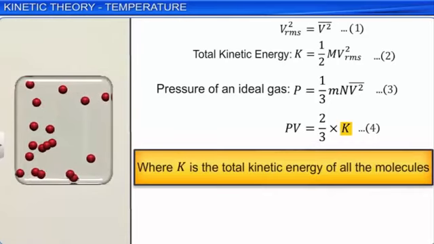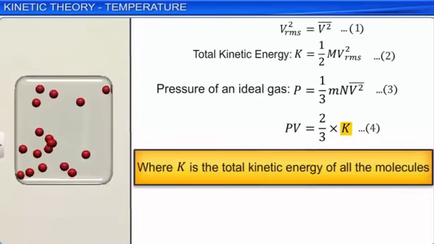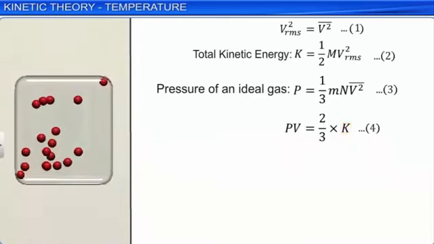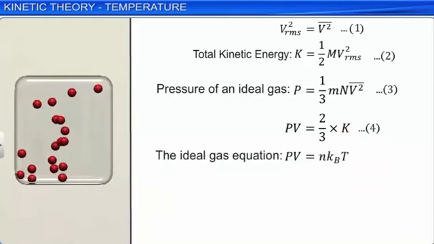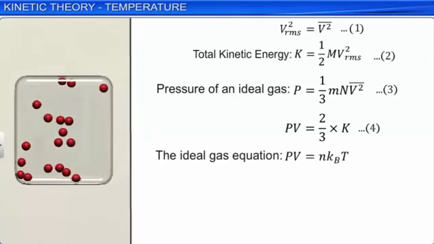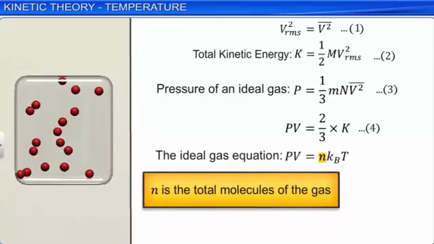We know that the ideal gas equation is PV is equal to N k_B T, where N is the total number of molecules of the gas and k_B is Boltzmann's constant.